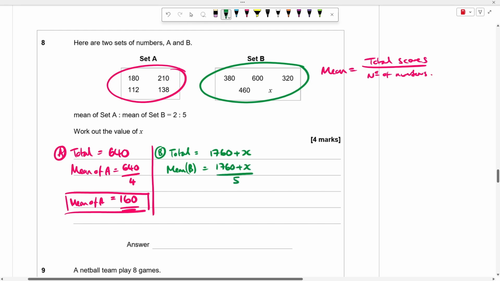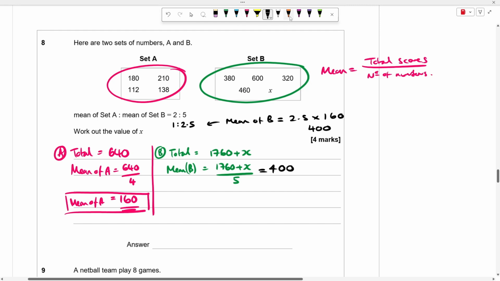Now, looking at the ratio of 2 to 5, which can also be written as 1 to 2.5, the mean of B is 2.5 times bigger than the mean of A. So the mean of B is 2.5 multiplied by the mean of A. 2.5 times 160 gives me an answer of 400. So the mean score of B equals 400.